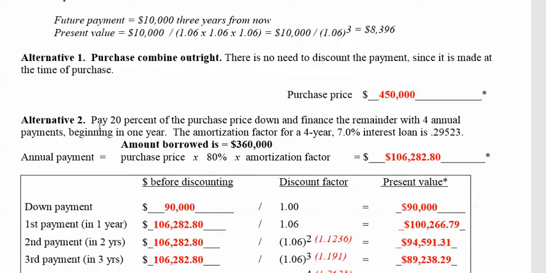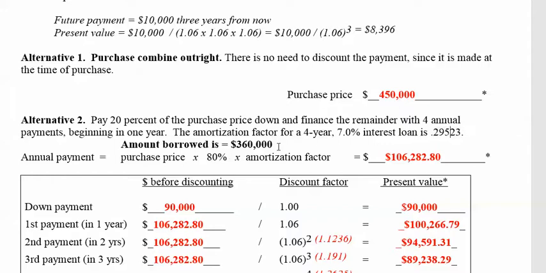Alternative two, we pay 20% of the purchase price down and finance the remainder with 4 annual payments beginning in 1 year. The amortization factor for a 4-year, 7% interest loan is 0.29523. And where would we get this number? That comes off the amortization table that you learned how to use in the last unit on time value of money.